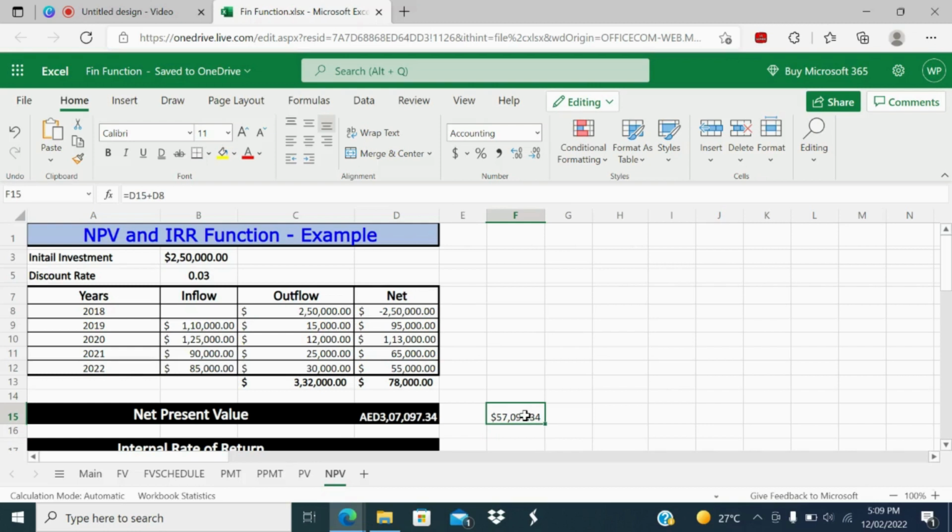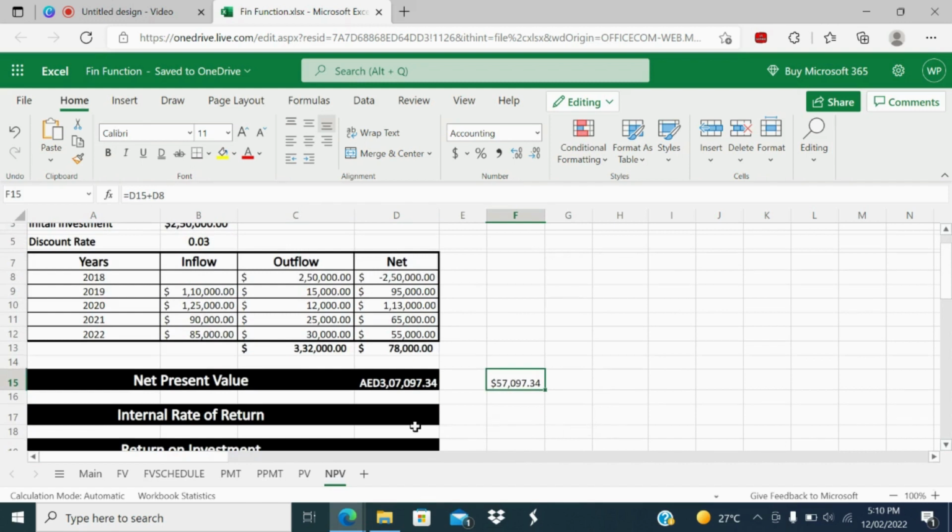Because I did not consider the first year here, 307,000 is the net cash inflow, and from that I deducted the 250,000 initial investment. So the net present value I have is 57,097.